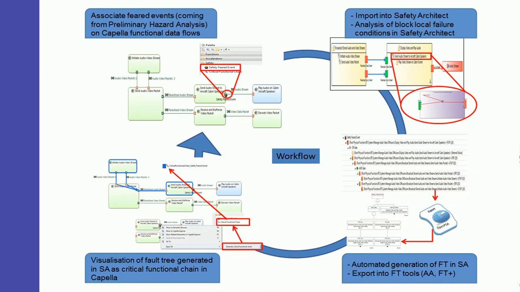To resume, this demonstration presents the workflow between Capella and Safety Architect to facilitate the co-engineering between system engineers and safety engineers. One of the benefits of the feedback of safety analysis into Capella is to highlight the critical functional chains that can lead to the failure event already identified.